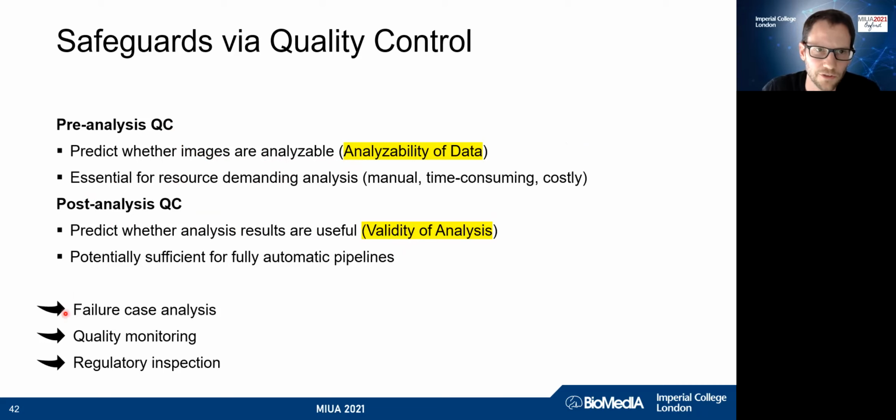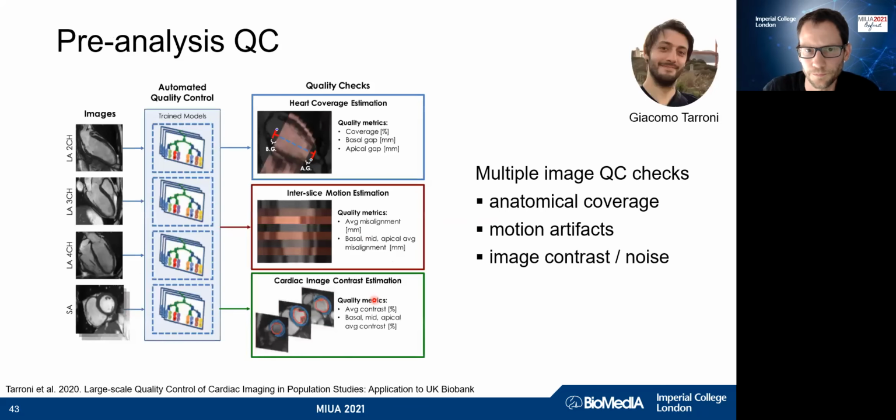There are many applications for these type of safeguards: failure case analysis, quality monitoring. It might have relevance for regulatory inspection of AI algorithms. So this is some work from Giacomo Taroni, who's now a professor at City University London. He's been working on this when he was a postdoc in Biomedia, which is a nice work on pre-analysis QC that was applied to the UK Biobank data.